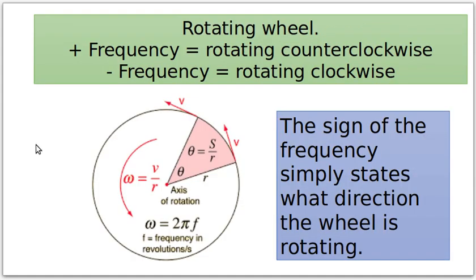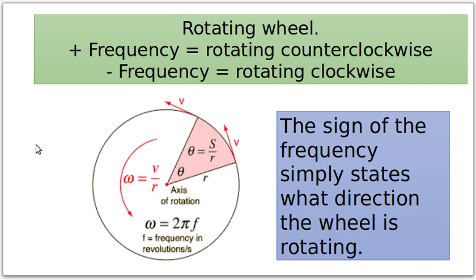But let's not think about sine waves for a minute. Let's just think about a simple rotating wheel. That rotating wheel is going to have a frequency, the frequency at which it rotates. And the positive or negative frequency is simply just going to indicate what direction the wheel is rotating.